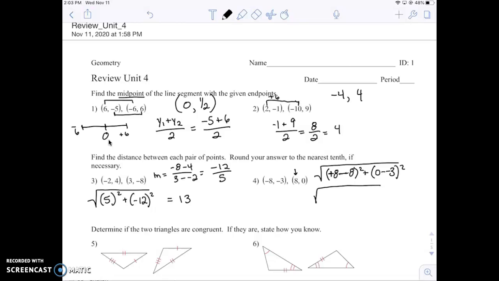We've got the square root of 16 squared plus 3 squared. And then if I put that in my calculator, the square root of 16 squared plus 3 squared, I get a decimal, 16.28. You keep trying it in your calculator until you can get the same answer.